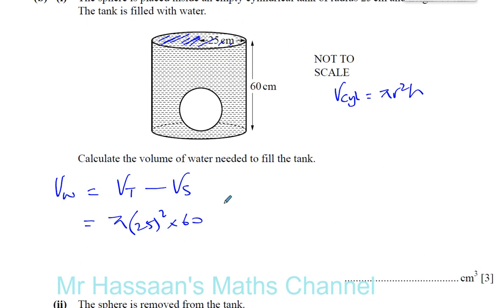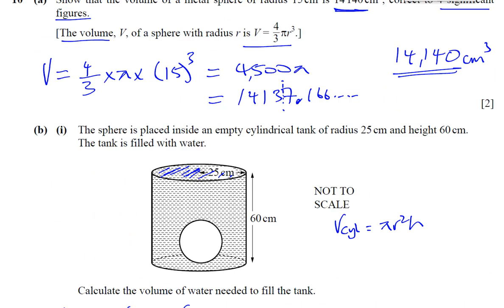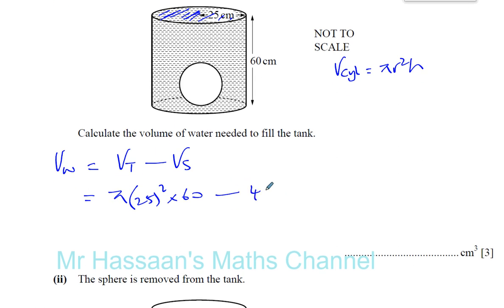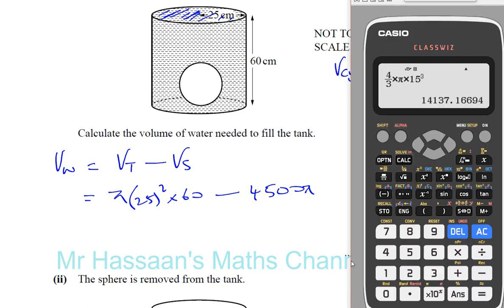And from that, you've got to take away the volume of the sphere, which we already know in its exact form, which is 4,500 pi. I'll write it in that form just to give ourselves more accuracy, and that will give us our answer. This answer is already in the calculator.